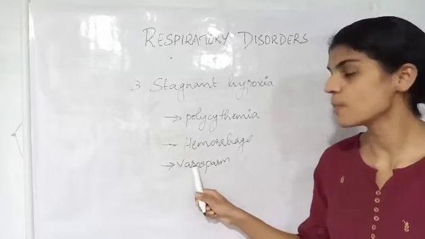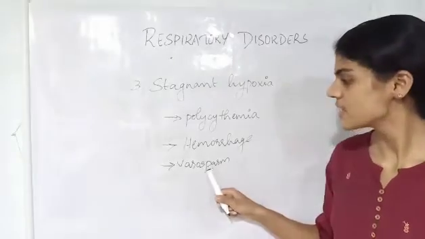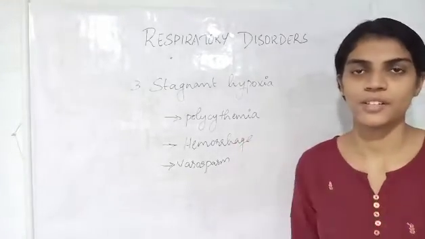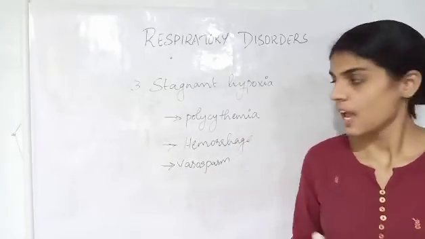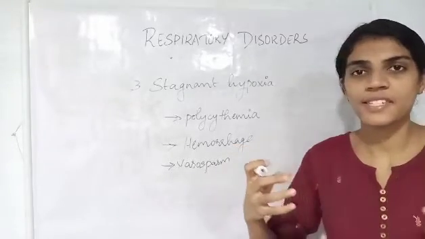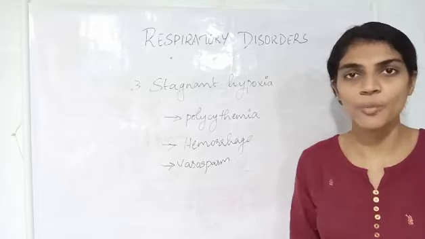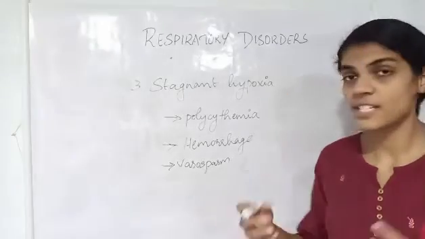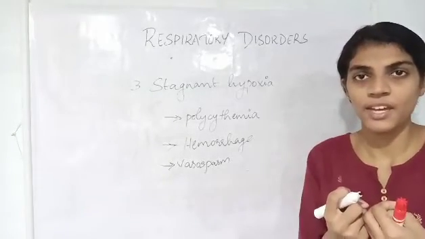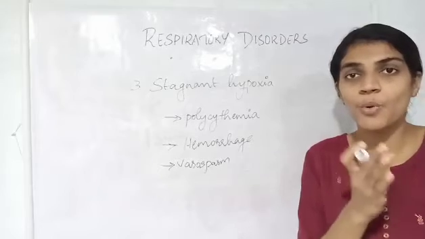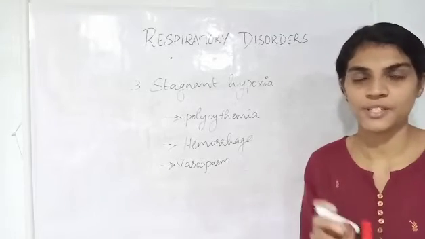Vaso means blood vessels. Spasm means constriction or contraction. If the blood vessels are constricting abnormally by means of some neural or hormonal abnormalities, these blood vessels can constrict. So it makes poor blood flow to the cells.